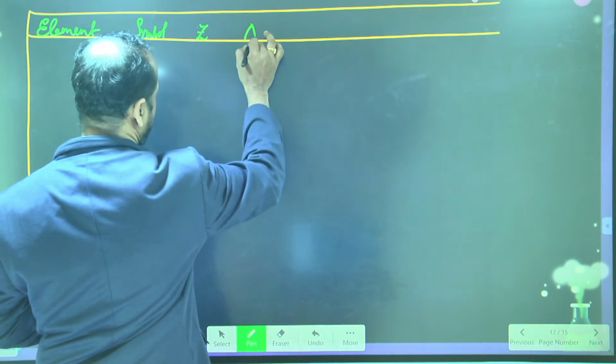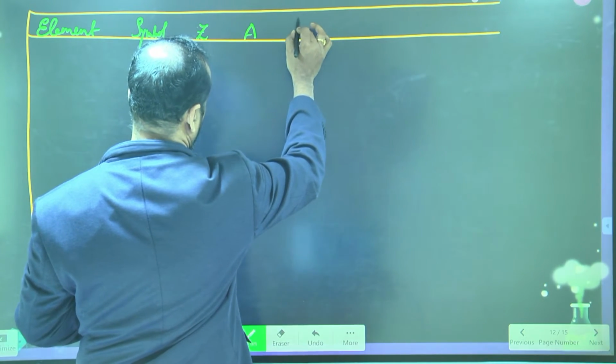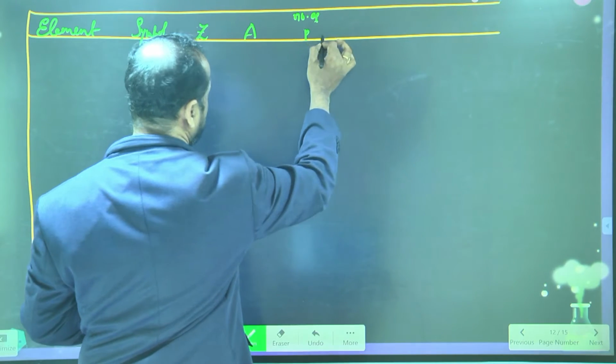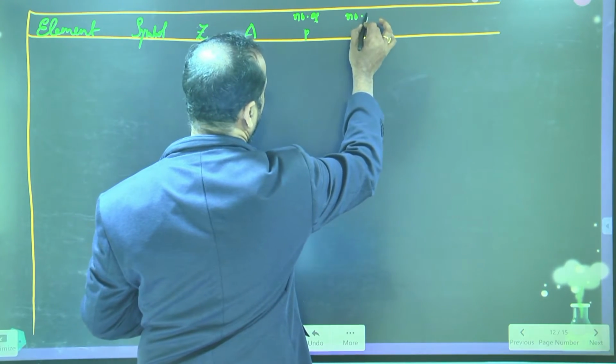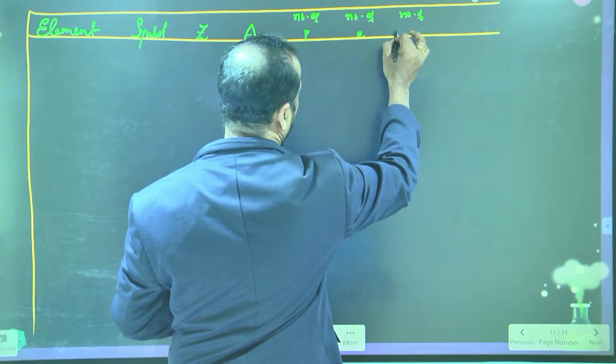Then you write the mass number, then the number of protons, then the number of electrons, then the number of neutrons.